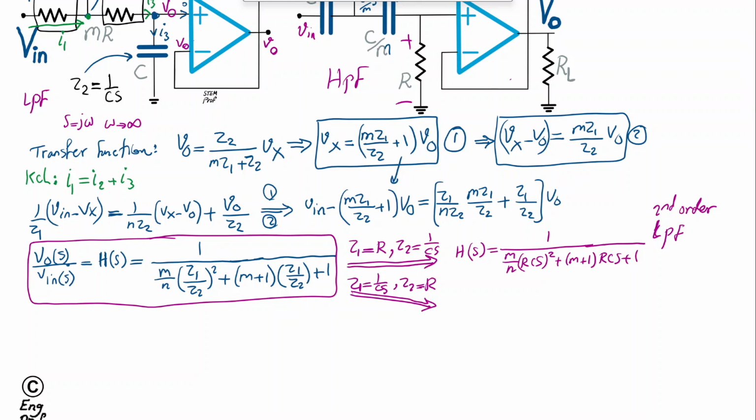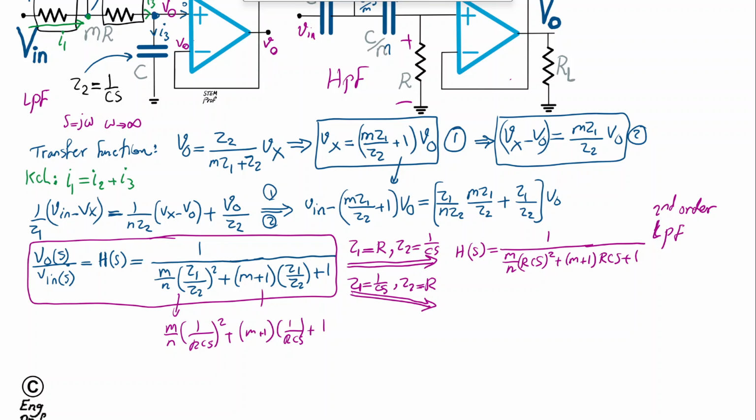Now, therefore, the denominator of the transfer function becomes in the form of m over n, 1 over RCS squared, and then the next term becomes m plus 1 over RCS, and then plus 1.